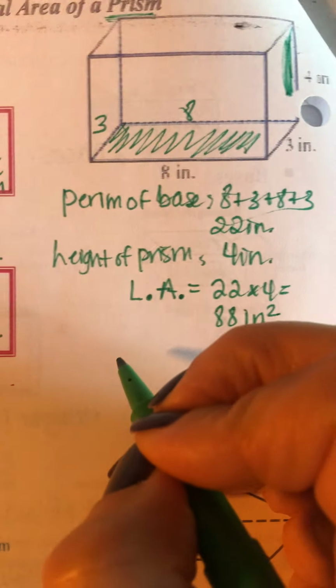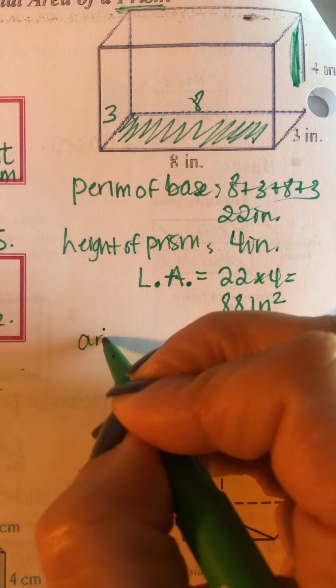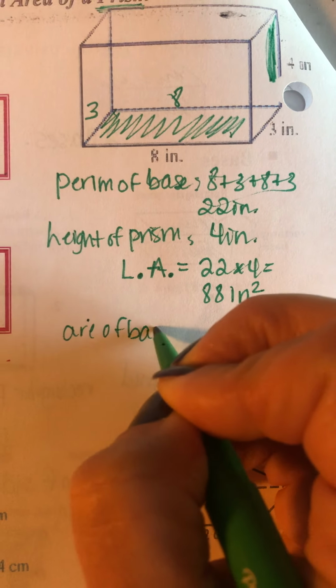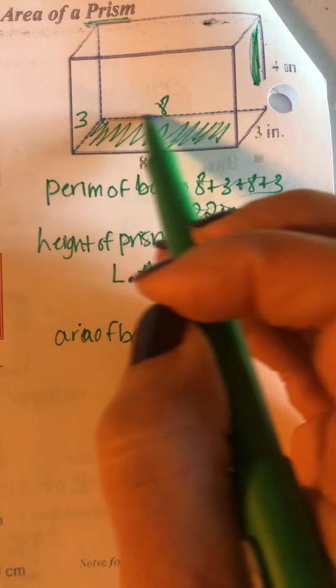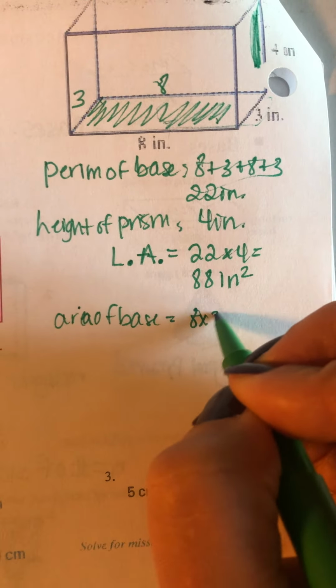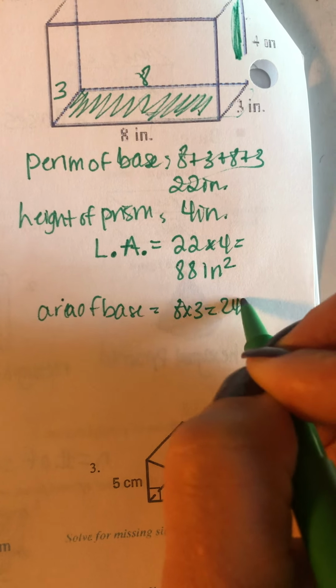In the example we gave here, it's a base of a rectangle, so what's the area of this rectangle? You're right, 8 times 3, 24 inches squared.